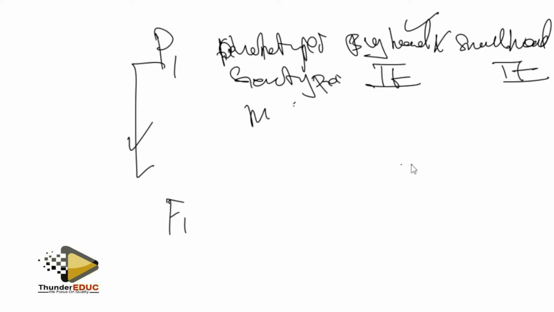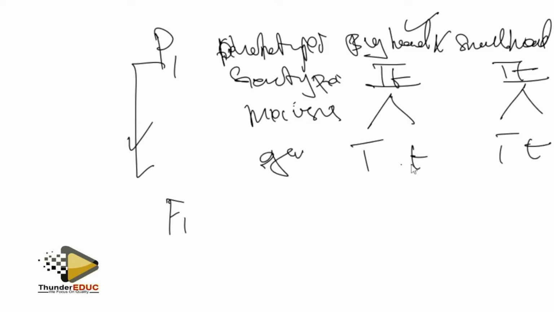Now you go to meiosis. They're saying meiosis. They're saying T, small t, T, small t, which are gametes. Now, gametes, in most cases, we love it when you circle them.